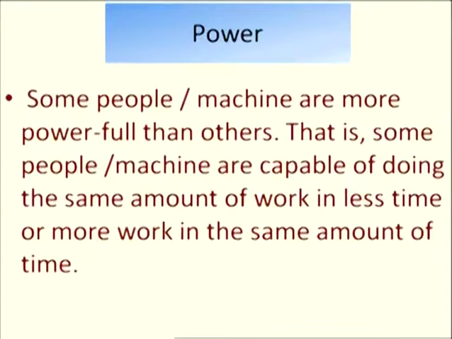So it is very clear now that if one person does the work in 1 hour and another does it in half an hour, the second person is more powerful, because both have done the same work, but the second one completed it in less time.